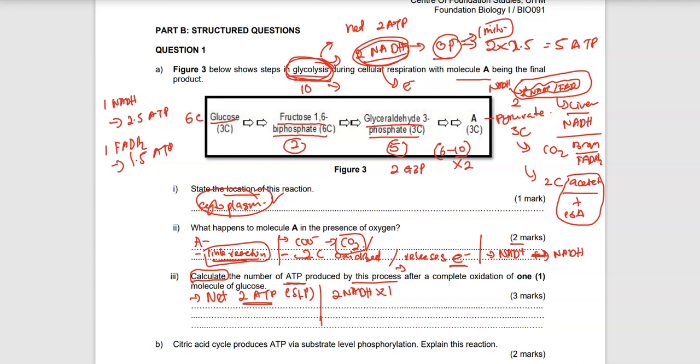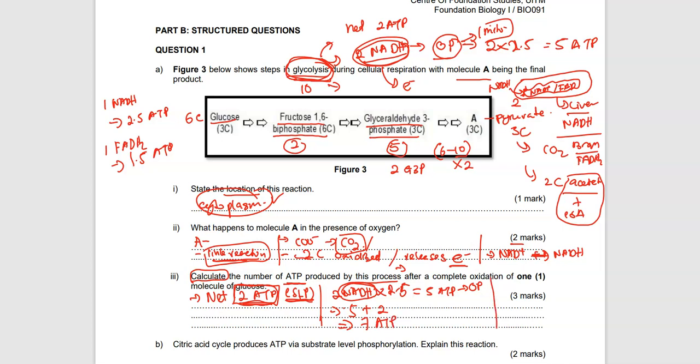You have to times by 2.5, and you will get 5 ATP molecules. Then you add this 5 ATP, produced during oxidative phosphorylation, with the 2 ATP molecules produced during substrate level phosphorylation of glycolysis, and then you will get 7 ATP molecules.